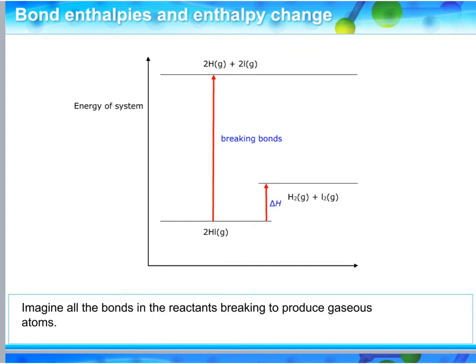If we now look at using average bond enthalpies or mean bond enthalpies, again, here's our hydrogen iodide molecules, we've got 2 moles of them. So we need to break 2 moles of hydrogen iodide bonds to get the gaseous atoms.